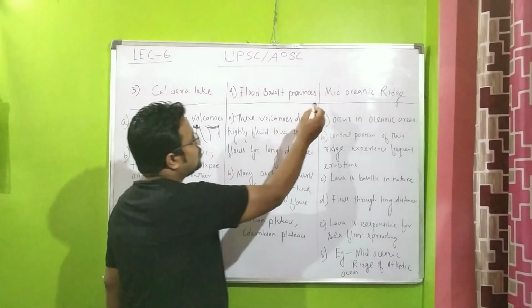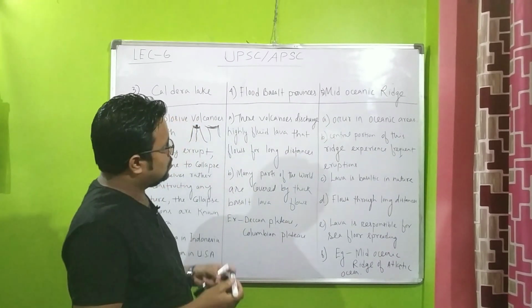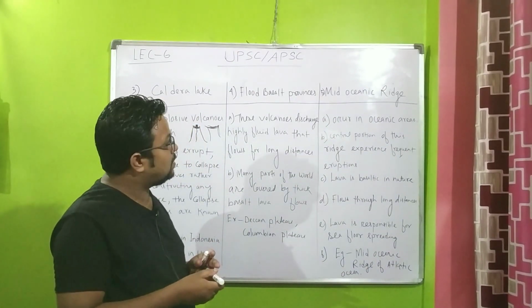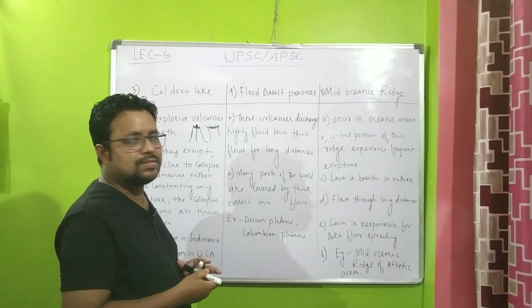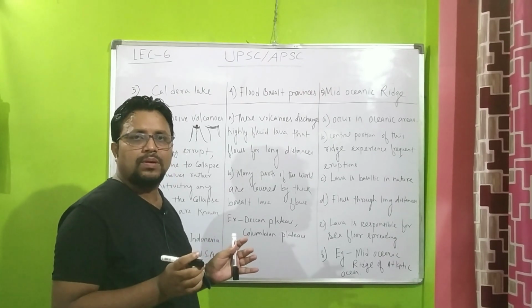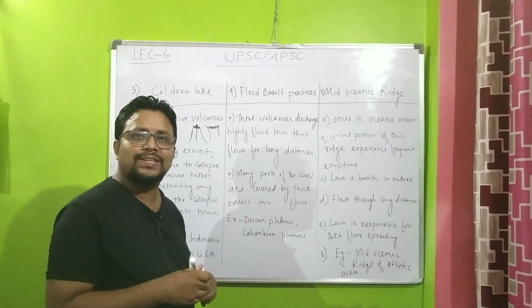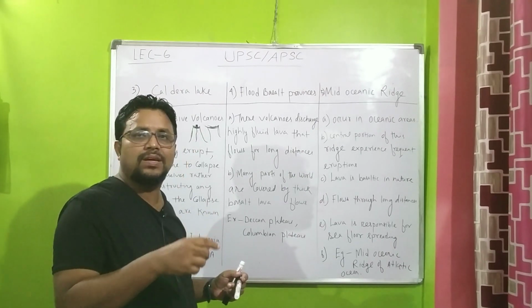Next, number 5 is the mid-oceanic ridge. This occurs in oceanic areas. What happens? When two oceanic plates move away, then vacancies are created.